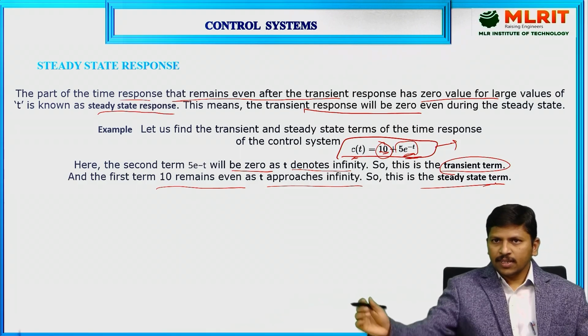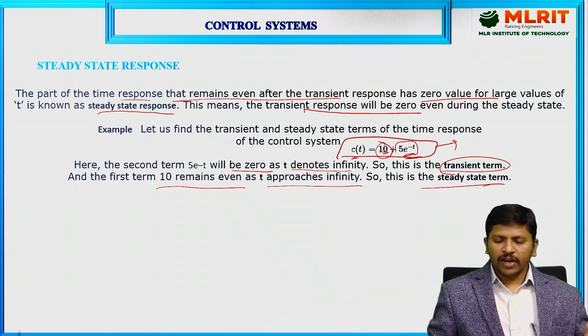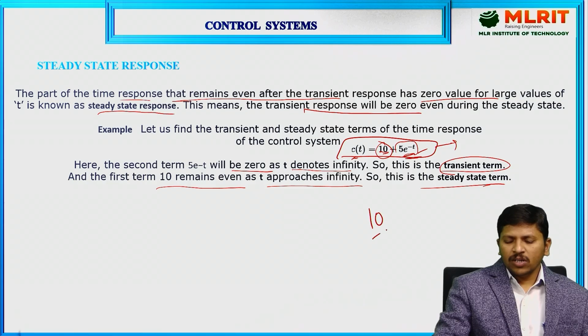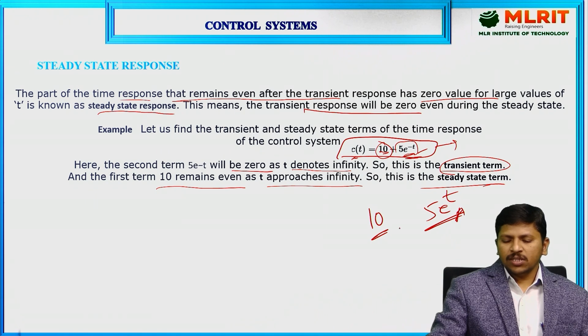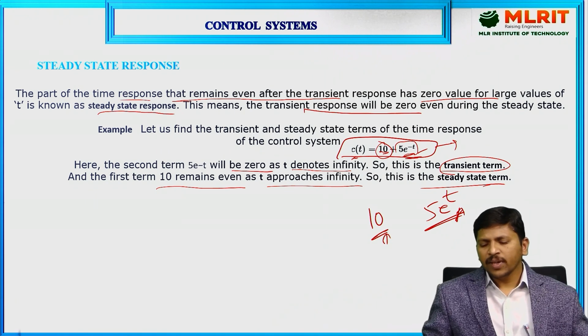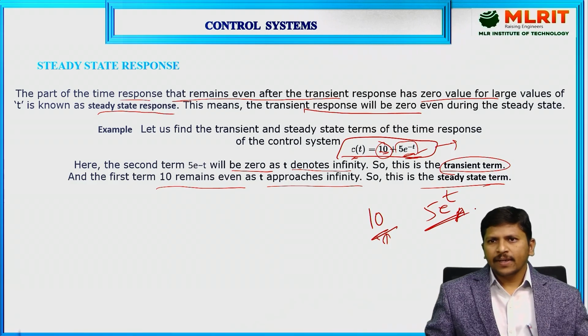This is the transient term and the steady state term from the given example. 10 is the constant, and 5 into e power of minus t is the exponential transient term. That constant is the steady state term.